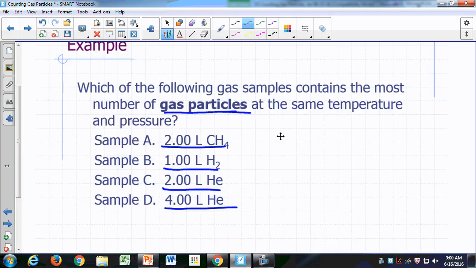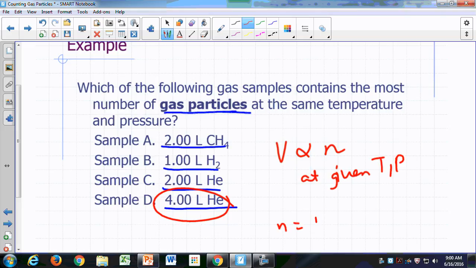Well, that would be the biggest volume, right? Volume is directly proportional to number of moles at a given temperature and pressure. In fact, you can say n equals PV over RT. Another way of looking at it: at the same pressure and temperature, the bigger the volume, the more moles you have.